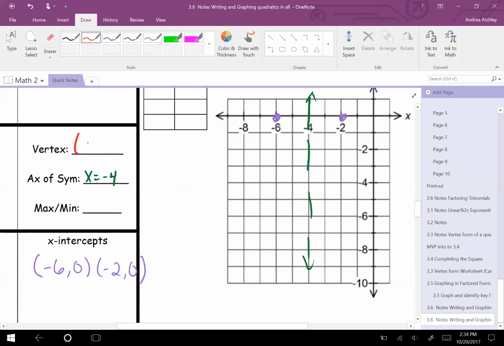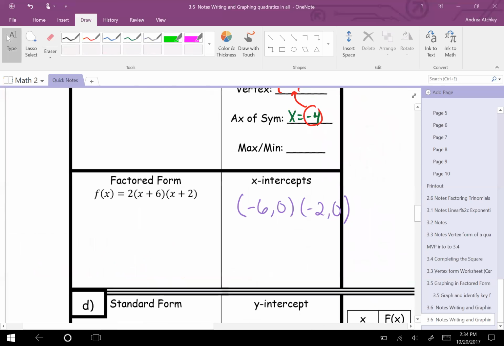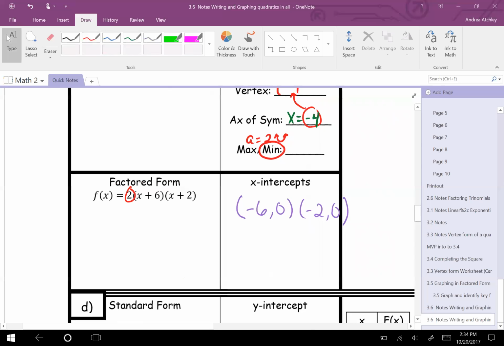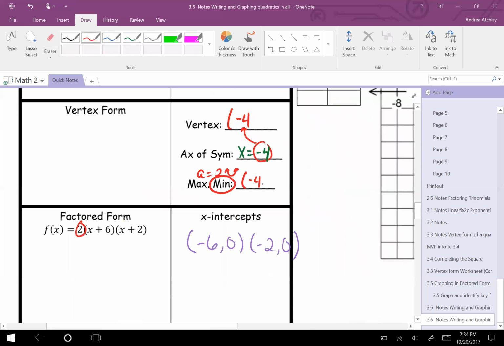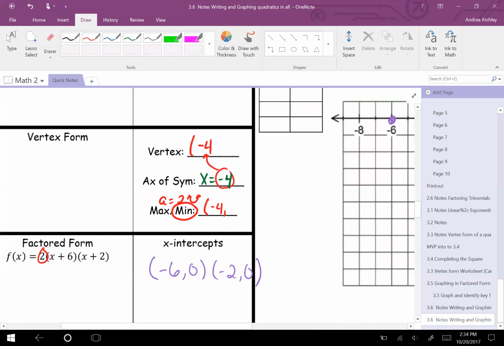That means the vertex has an x value of -4. Sebastian, what's the A value? 2. Our A value is 2. It's facing up because it's positive, therefore it's a minimum. So this is at -4, and we're looking for it.